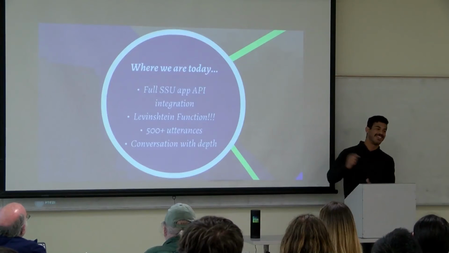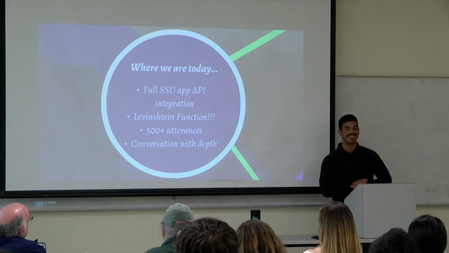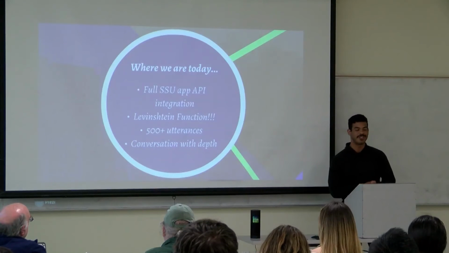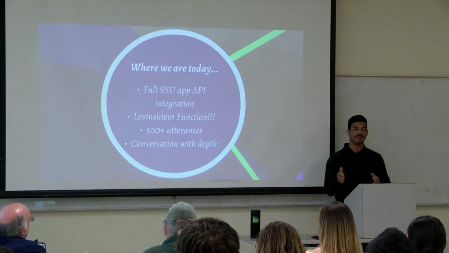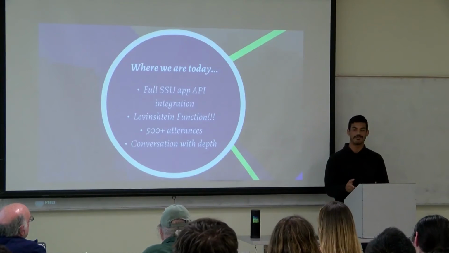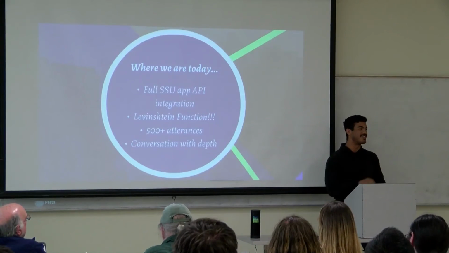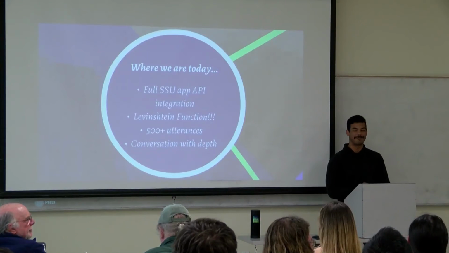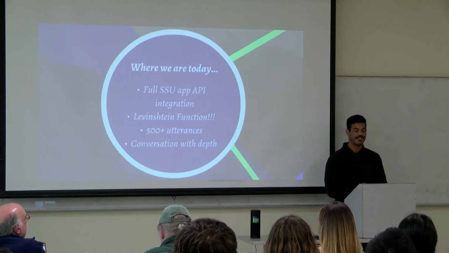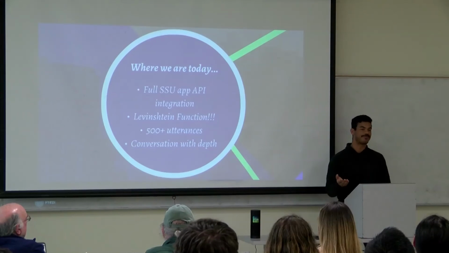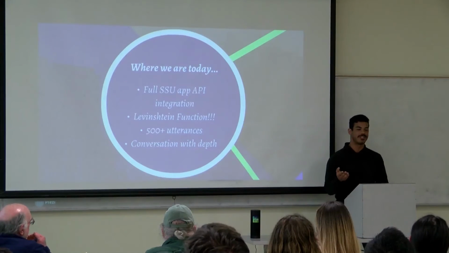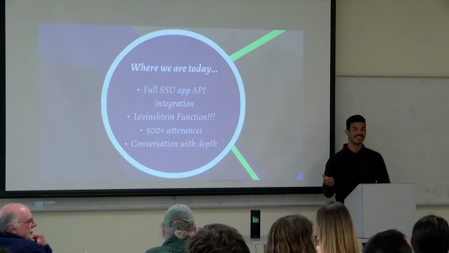Levenshtein function. One huge impediment in our project was finding a professor name, so disambiguation of professor names. We were using Dr. Kushesh as an example a lot. For example, we would say, find us Dr. Kushesh's contact information, and it would give us Jana Kushesh on a consistent basis.